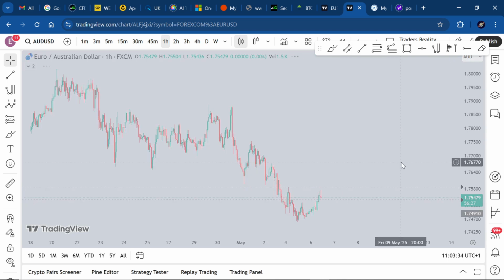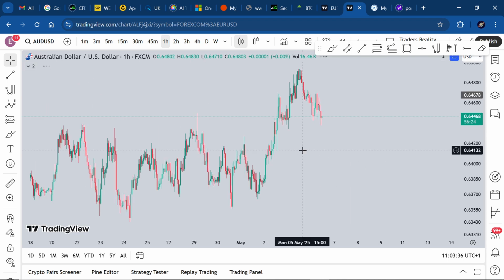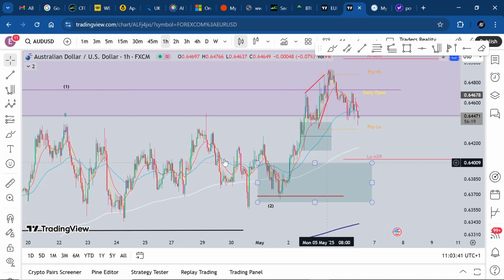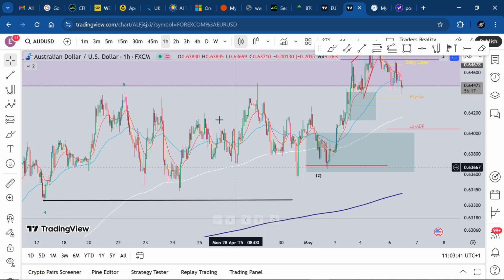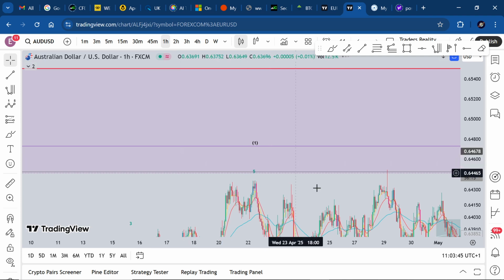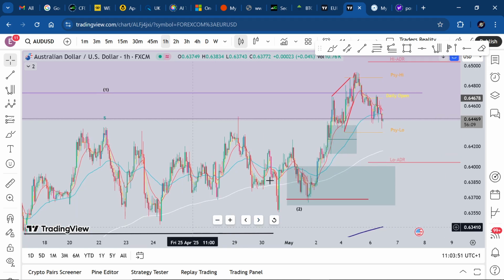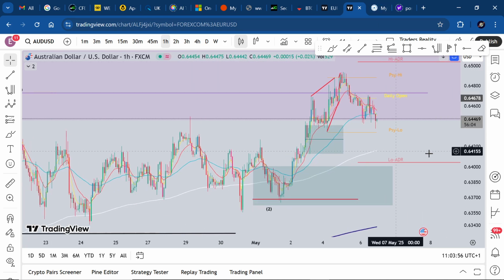AUDUSD. This has got a very nice bullish accumulation here. So, right over here, all this is an accumulation. Price has broken out of it. 13 cross to 50. We're back at the hour.